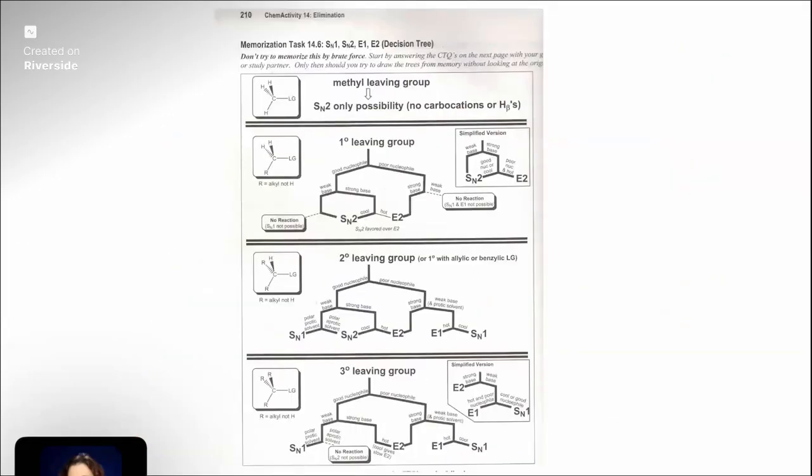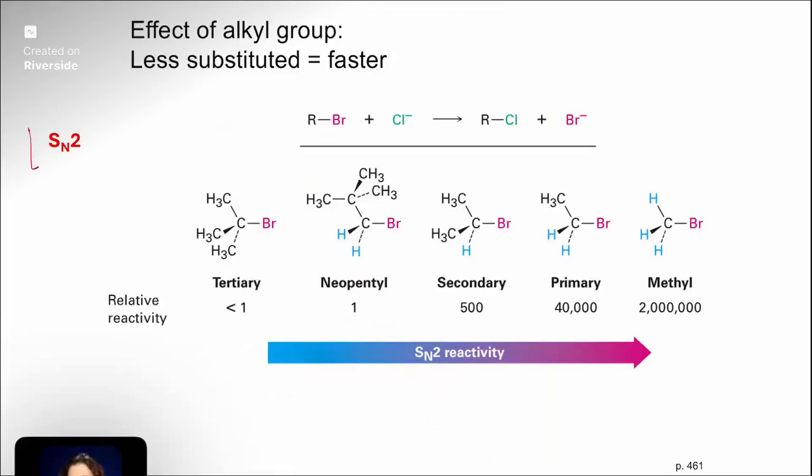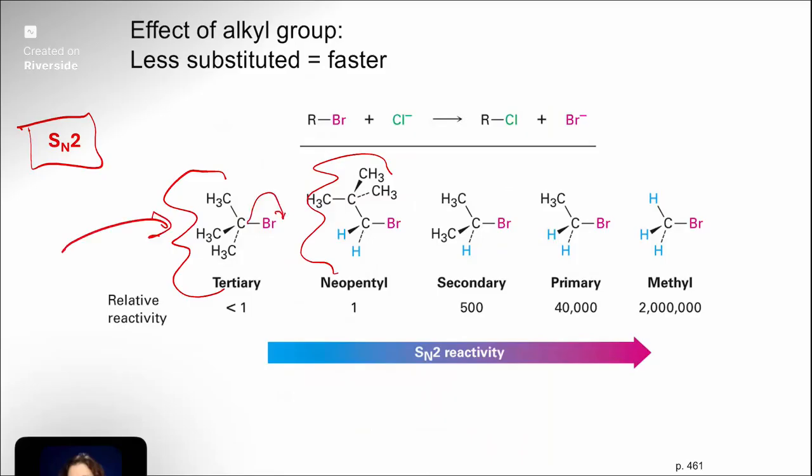So ultimately, what we're working towards is, if we have an alkyl halide, deciding what kind of reaction it will do. This picture is out of page 210 of your Solomons textbook, and we will be looking at it in more detail next week. So going back to SN2, just as a review, the more crowded the substrate, or the larger the nucleophile, the harder it is to do the opposite side attack that's necessary, and very hindered substrates will undergo very, very slow SN2 reactions, so slow that something else will happen first.